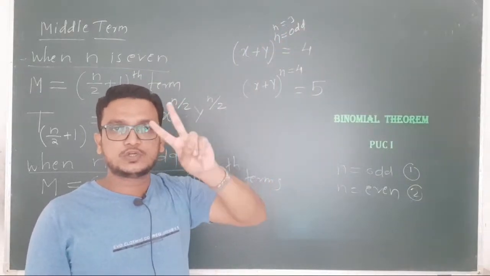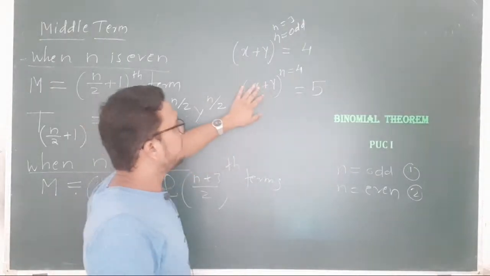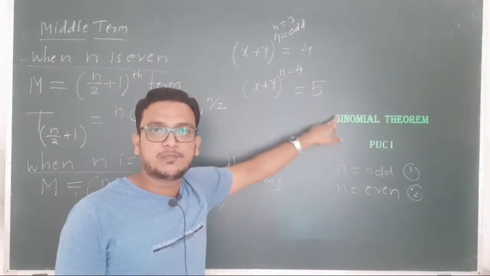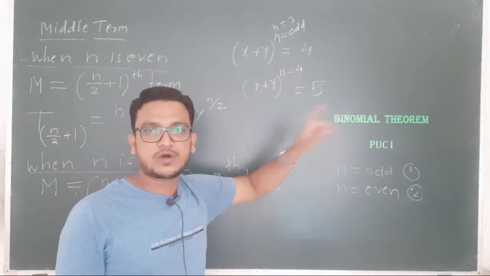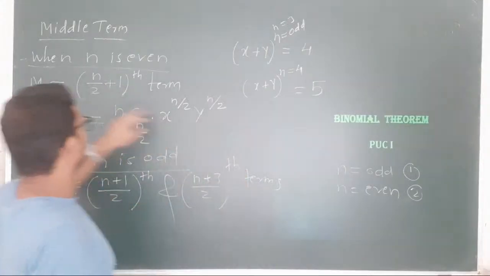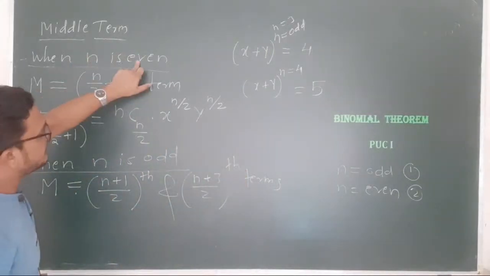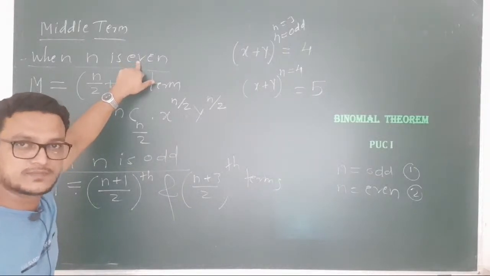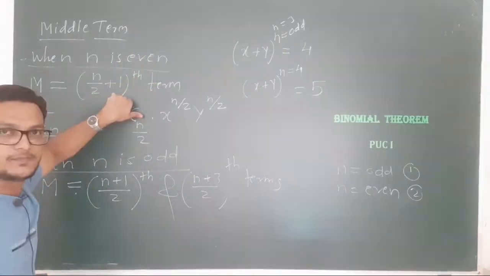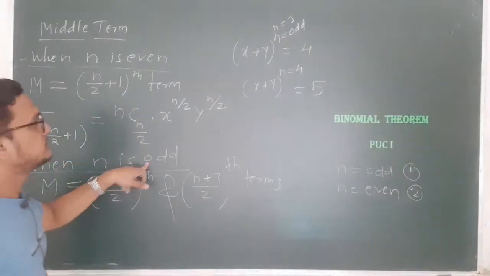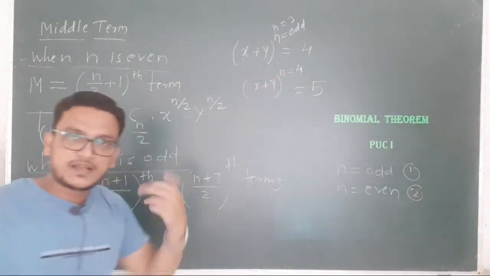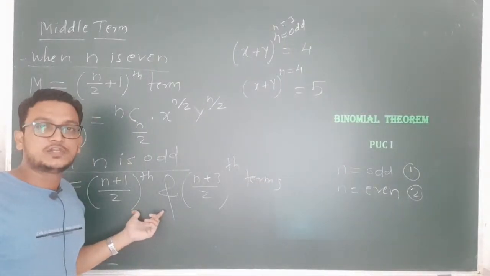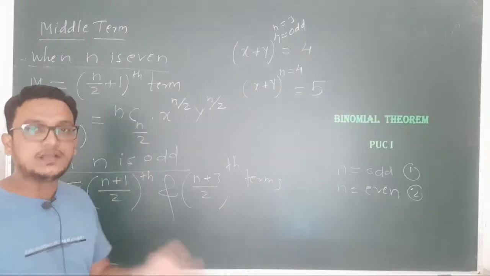Even means what? Two middle terms. When power is even, the number of terms is odd, it means what? One middle term. See here, n is even, but in the expansion you will get odd number of terms. So therefore it is only one middle term. When n is odd but the number of terms is even, so therefore here you are getting two middle terms. So get it clear.